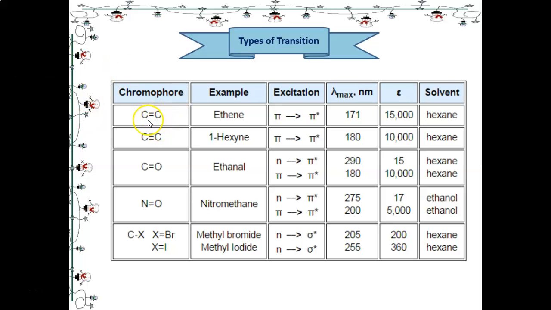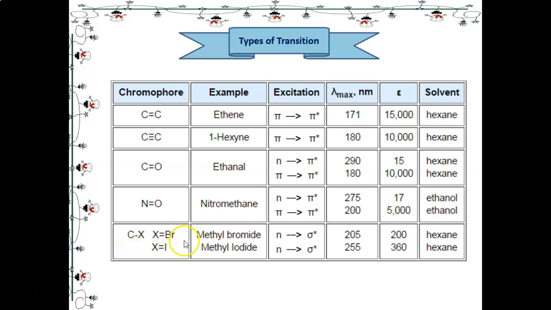As we can see here, this is the C double bond C, which is unsaturated carbon. So for unsaturated, it is a pi, right? Pi to pi star anti-bonding, and also the carbon-carbon triple bond, which is pi to pi star. So we also have a C=O carbonyl group, n to pi star, and also pi to pi star, and also nitromethane.